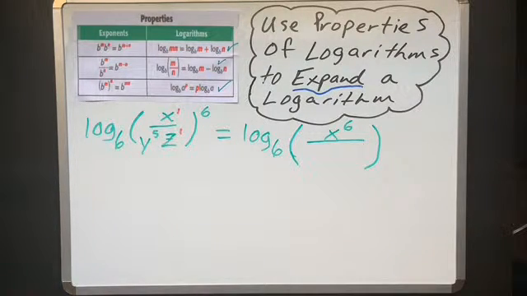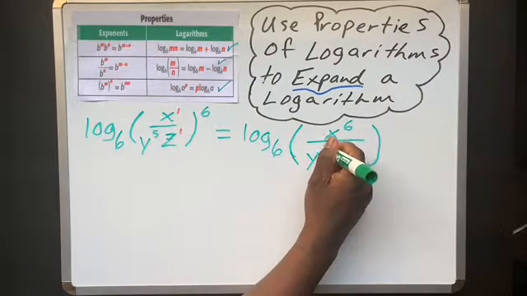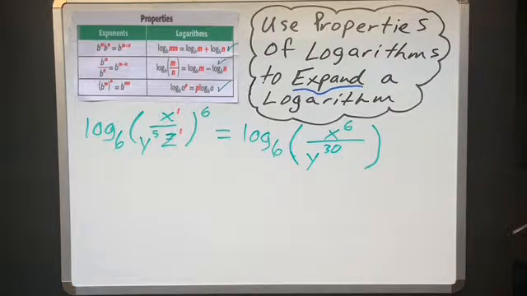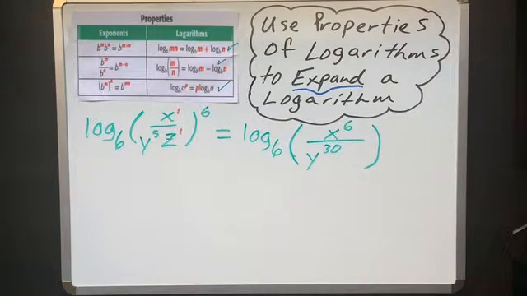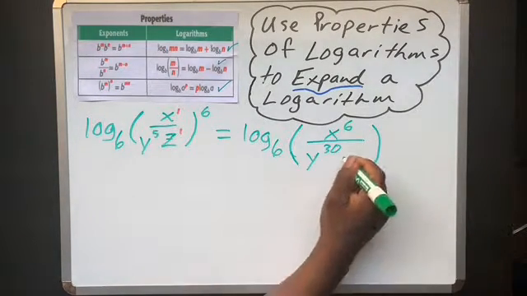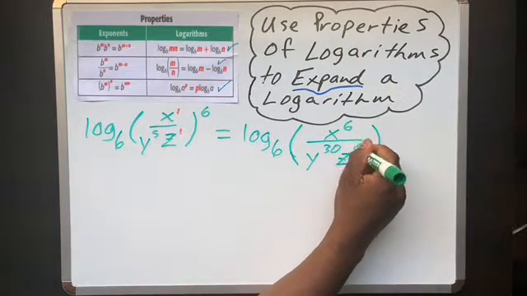So that becomes y to the 5 times 6, which is equal to y to the 30th power. And then we have z to the 1st raised to the 6th power, and that becomes z to the 1 times 6, which equals z to the 6th power.